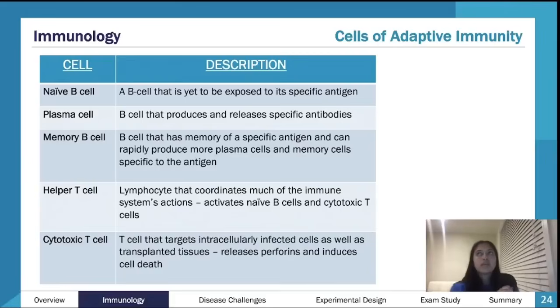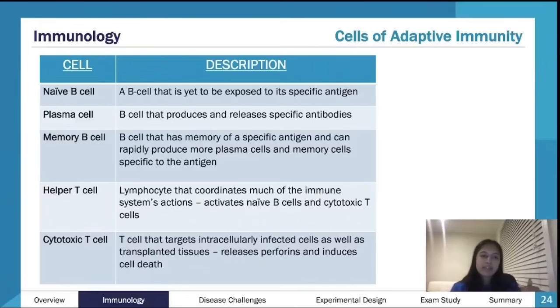Maybe B cells are a bad one for COVID, but let's just say, for example, it may not be accurate. We've got our little B cell that's hanging around that's specific to COVID or whatever other infection. That would be naive because it hasn't come across its antigen yet. Then COVID came into our body and this B cell was saying, woohoo, I found my complementary antigen. That's the idea of when they become a mature B cell or an activated B cell.